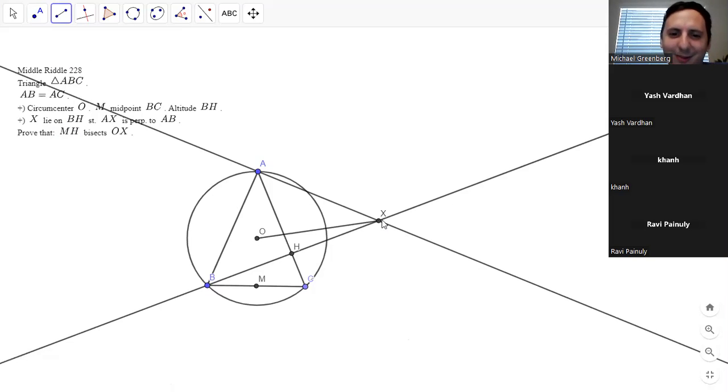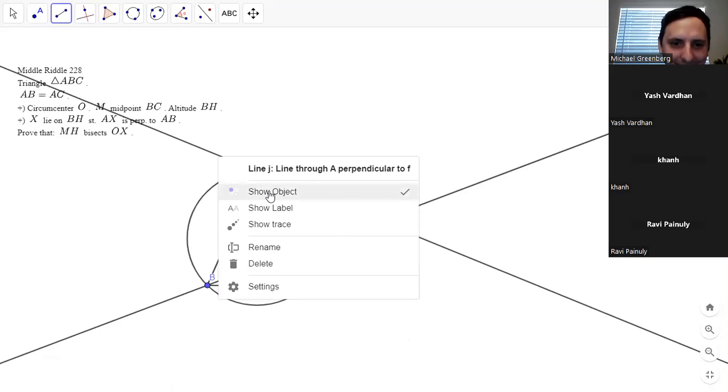I bet you guys have already solved it. Let's see.